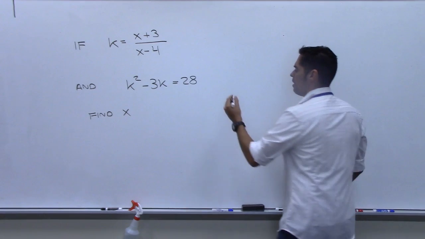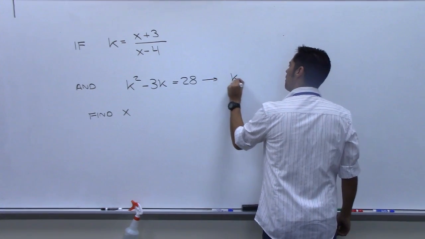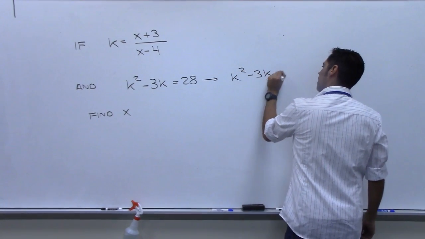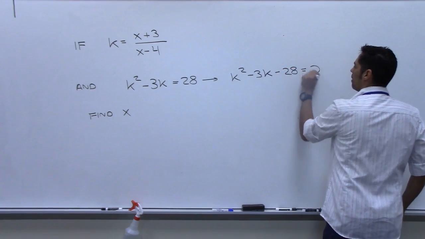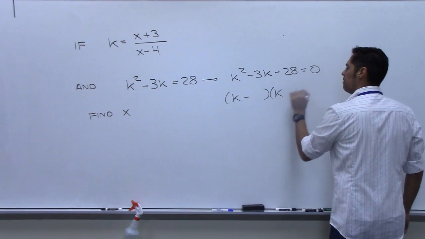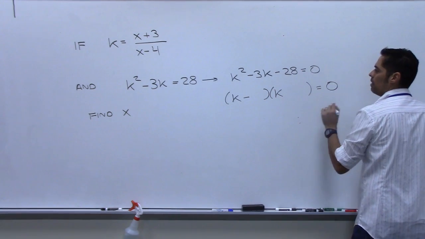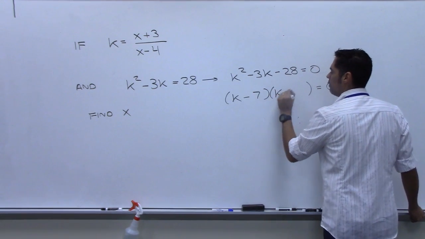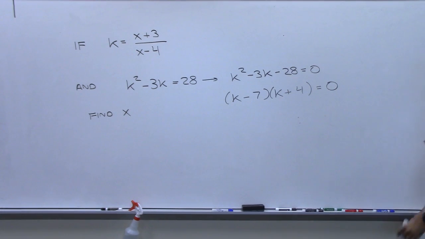So let's try it. Let's go ahead and solve this one for k. Okay? It factors k minus something, k plus something, I hope. 7 and 4. Minus 7, plus 4.